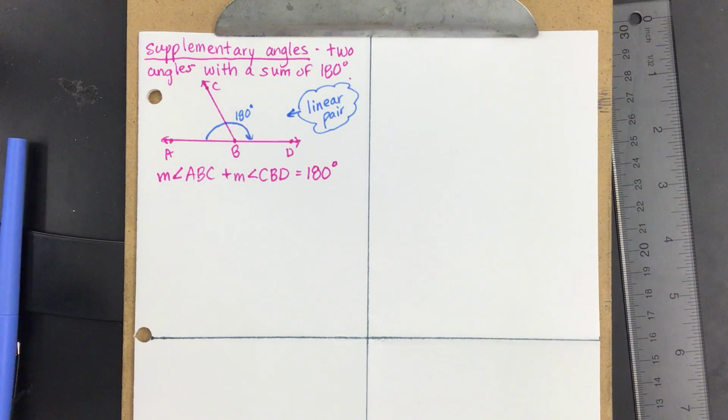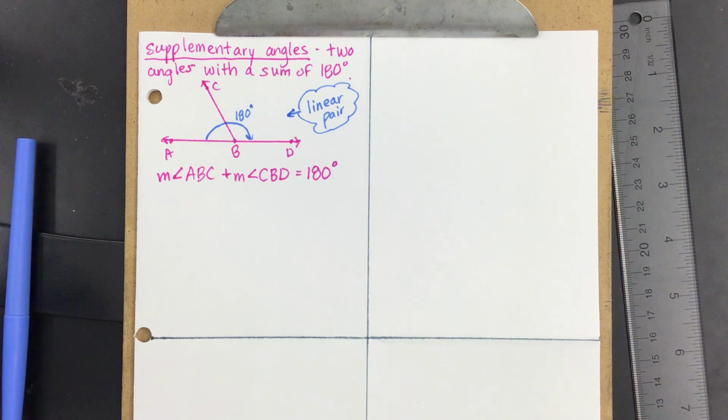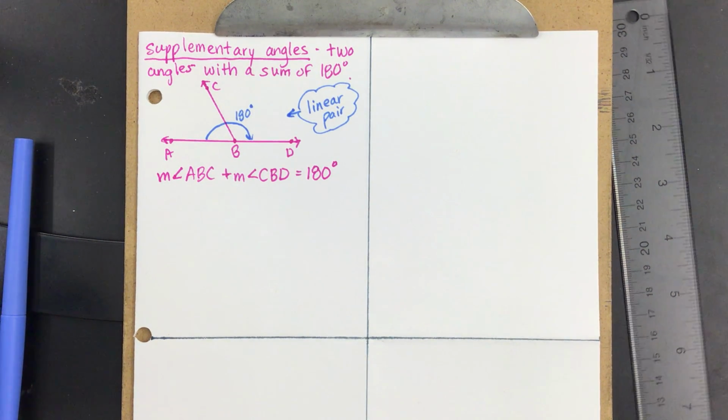Now, sometimes the angles are not touching each other, but they still add to 180.